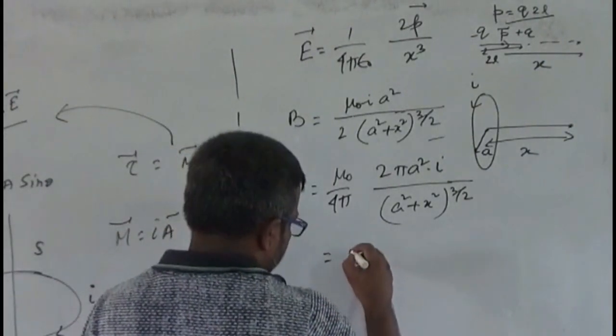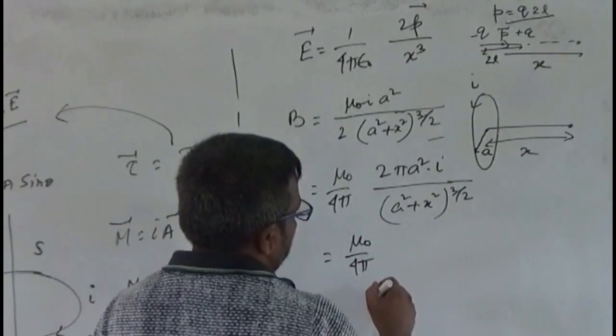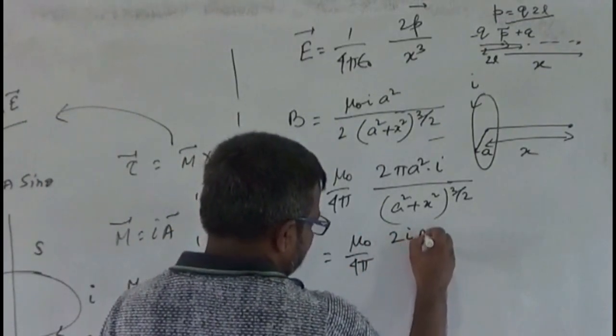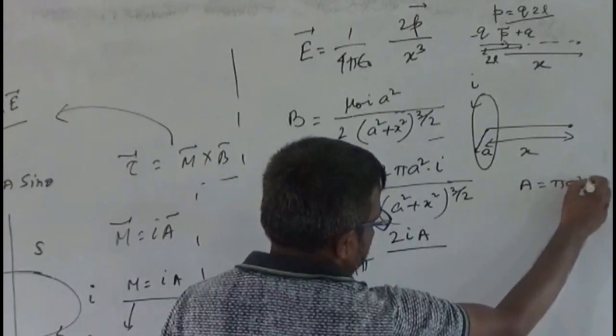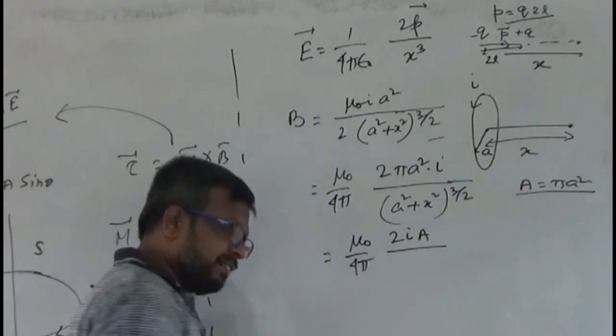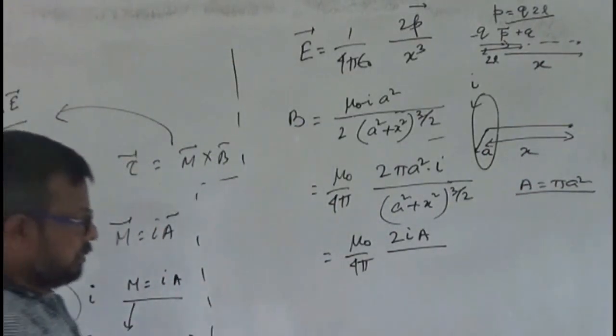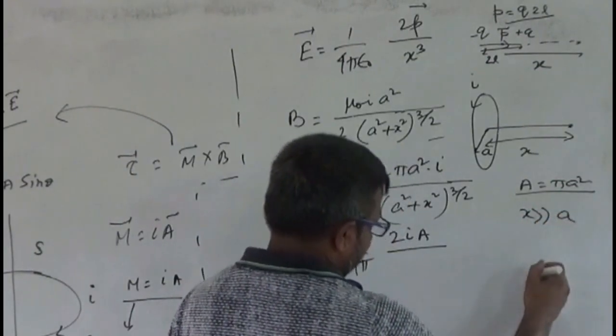Now, we may write this as mu naught by 4 pi 2IA, where A is the area of the loop, which is pi into a square, and since x is at a far point, therefore we can say that x is much greater than a.